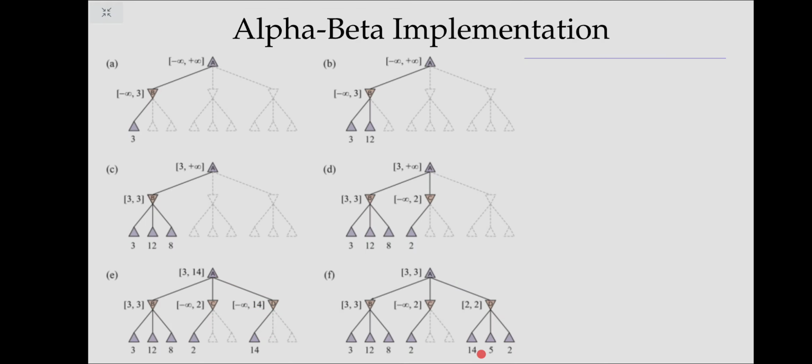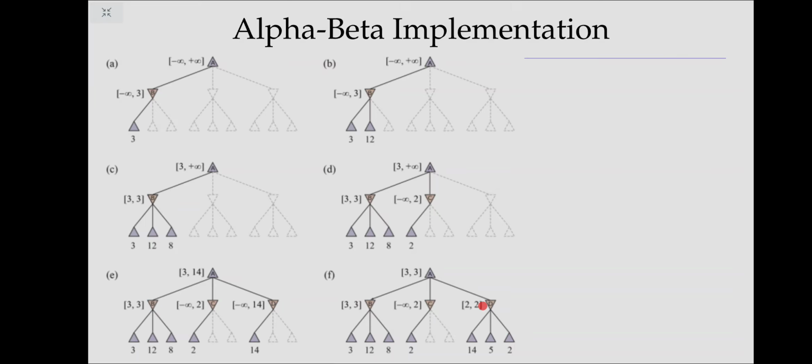The next child is 5, and still 5 is better than 3. We continue the search. The last one is 2, and the value of 2 is returned to the min operator.